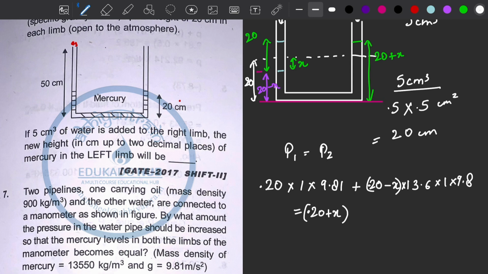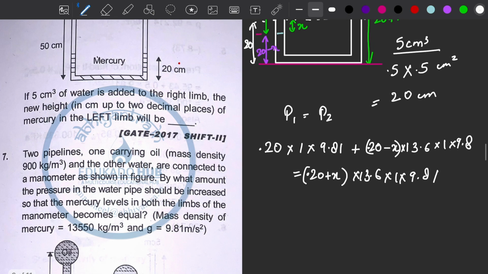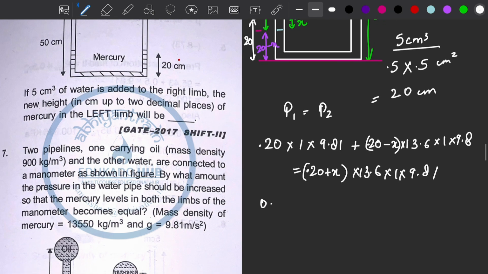Everything is in meters. Into, this is also mercury, 13.6 into 1 into 9.81. It comes out to be 0.2. 9.81 I'm seeing everywhere same.